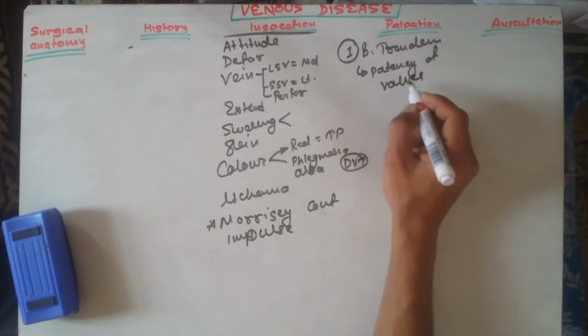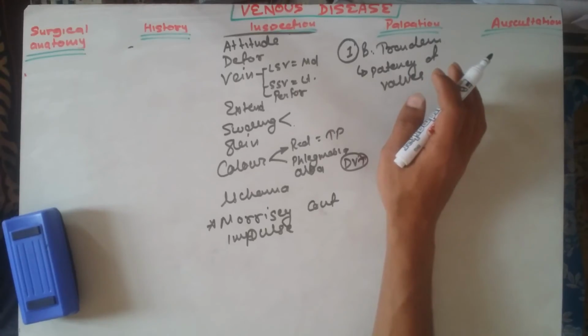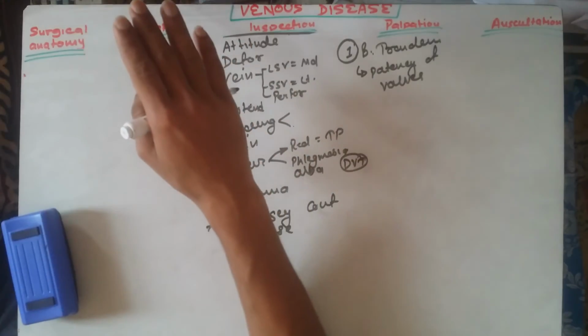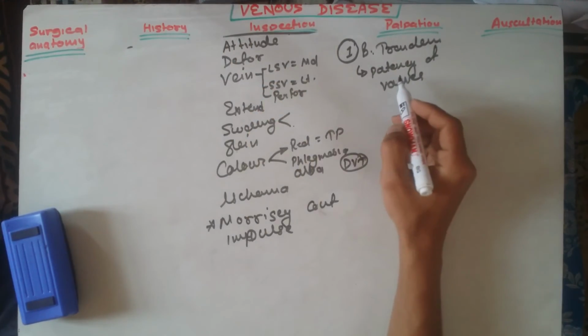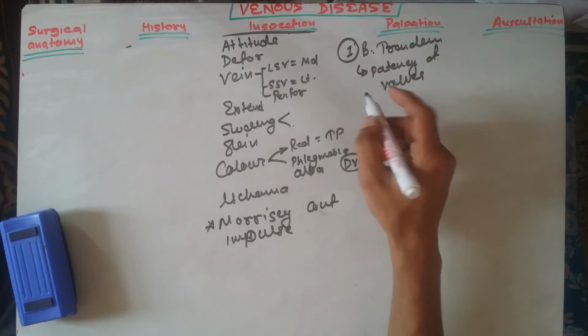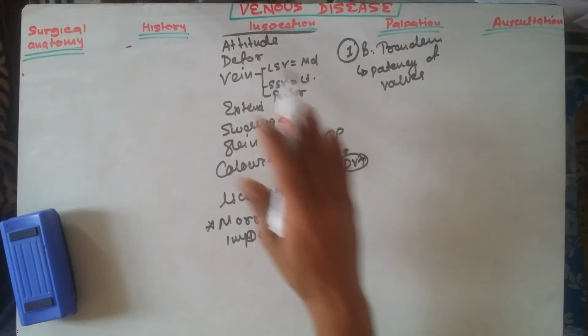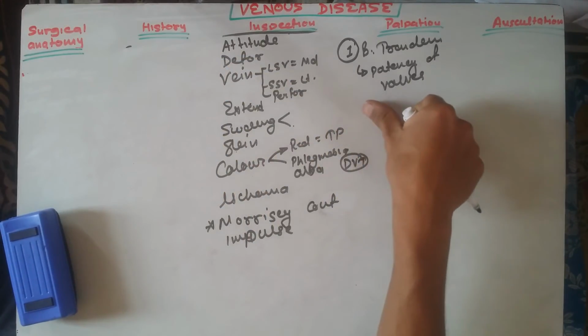Okay, so if the valvular patency is not present, then the blood which has already gone to the proximal part could not have returned back. So I would repeat this test, like the patient was in supine position, we elevated his leg by closing the saphenofemoral junction.